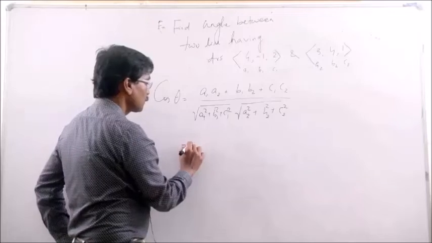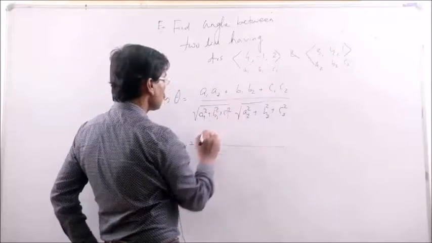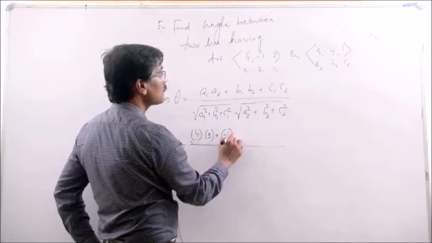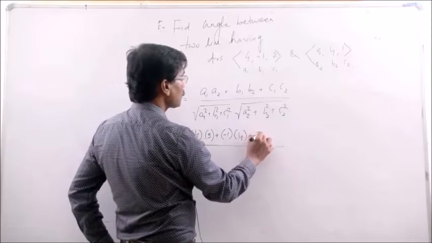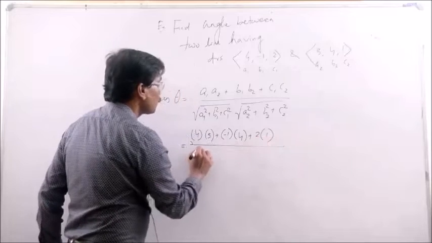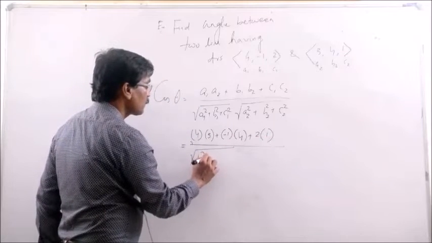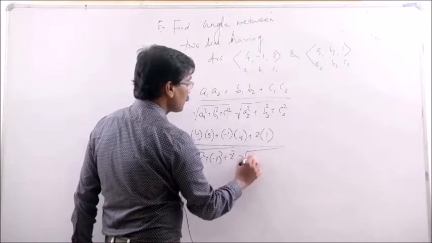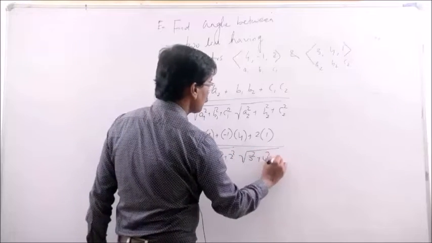So, by putting those values, that is equal to 4 into 3 plus -1 into 4 plus 2 into 1 over root of 4 square plus 1 square plus 2 square into root of 3 square plus 4 square plus 1 square.